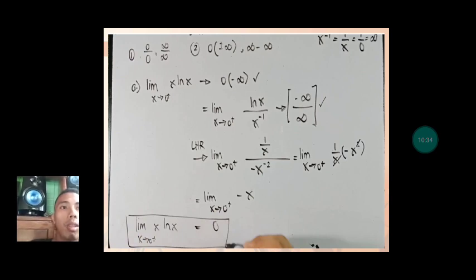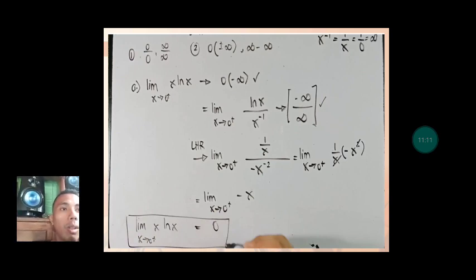So the limit of 1 over x, since we need to put the numerator of the original limit in fraction form as in number 1. So 1 over x over negative x to the power of negative 2, the limit of 1 over x over minus x to the power of 2.